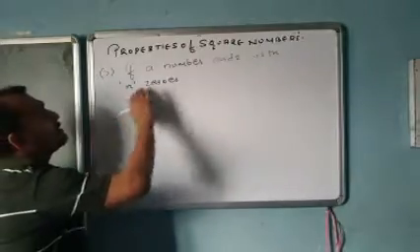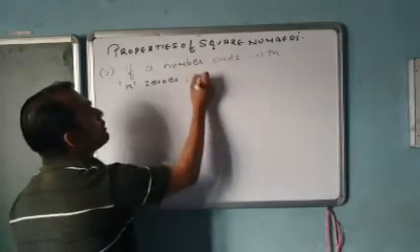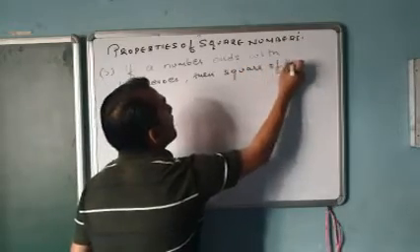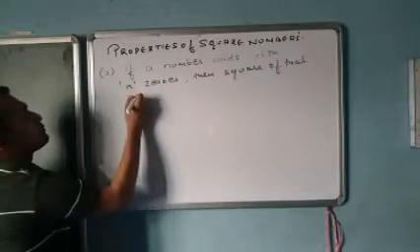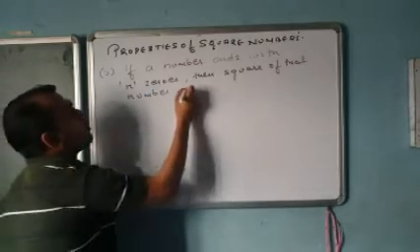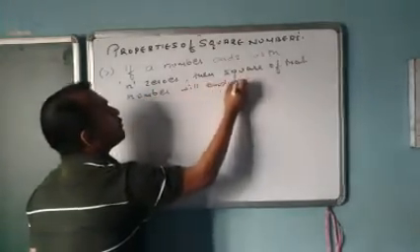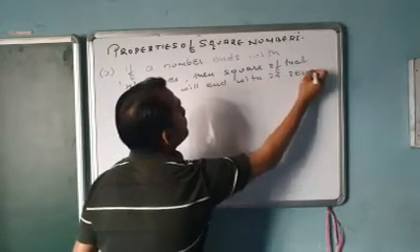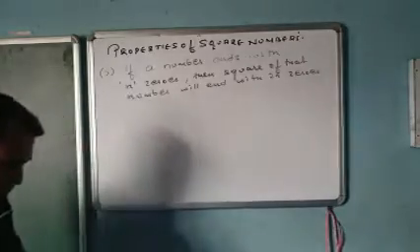If a number ends with n zeros, then the square of that number will end with 2n zeros. Now what does this mean?